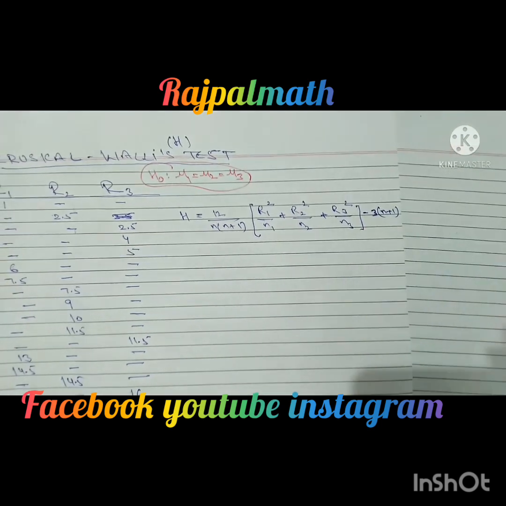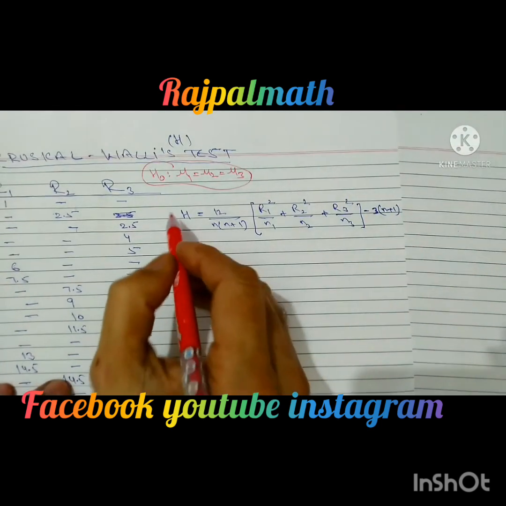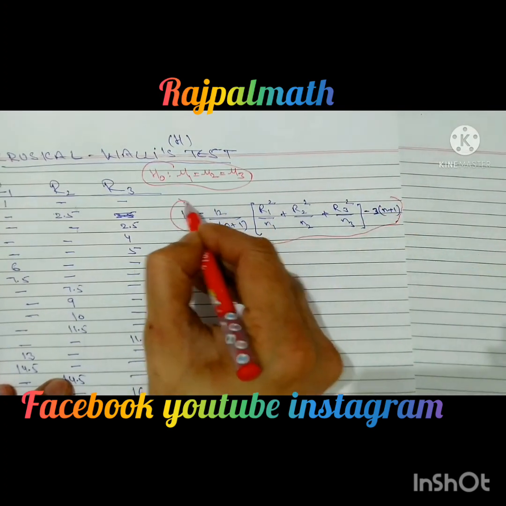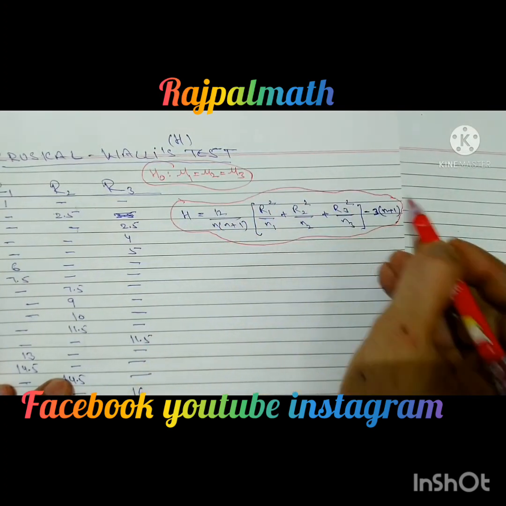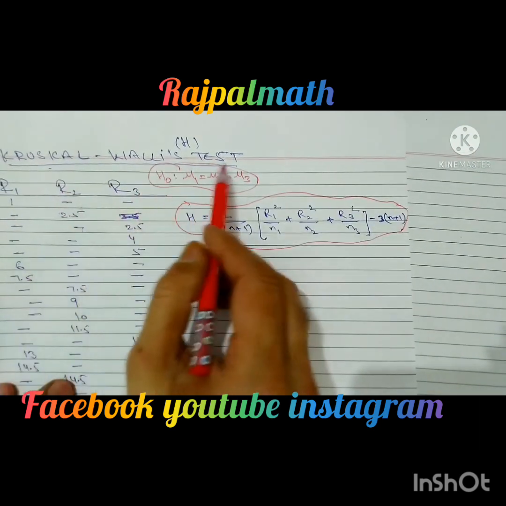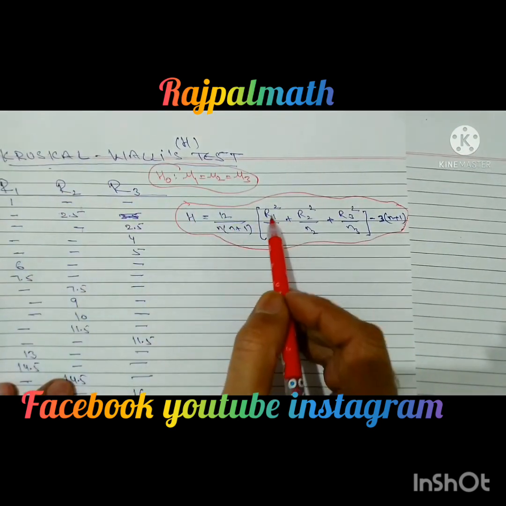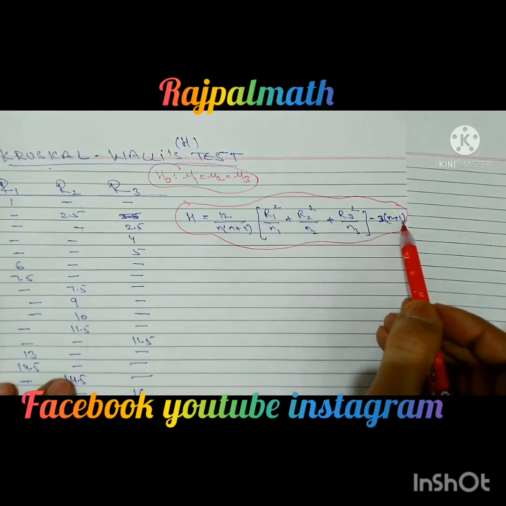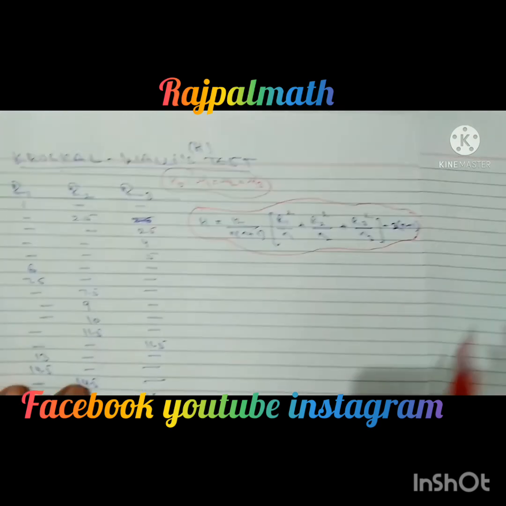For calculating the H stat we have 3 groups, so R1 square, R2 square, R3 square, and 3 into n plus 1.